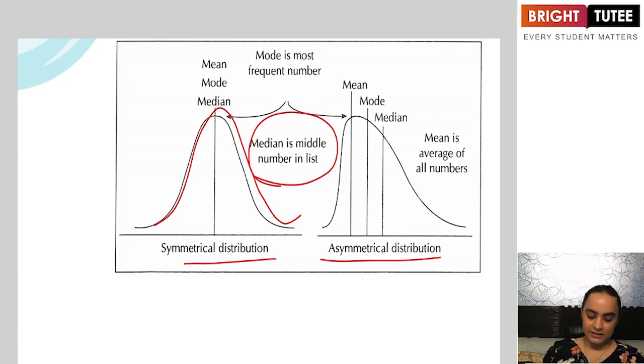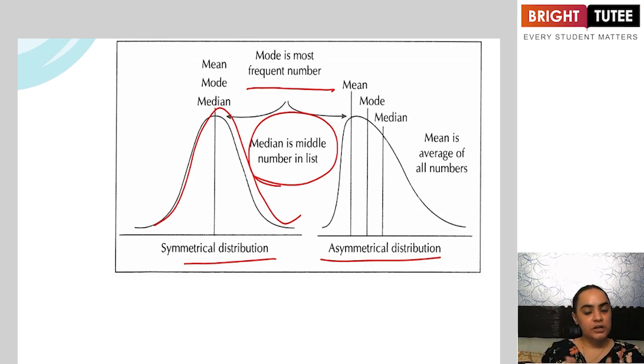And mode is the most frequent number. So this is how we can broadly define these three measures of central tendency. Mean refers to the average of all the numbers, be the data symmetrical or asymmetrical, does not matter. Median means the middle number in the list, and mode is that number which is repeated most frequently.